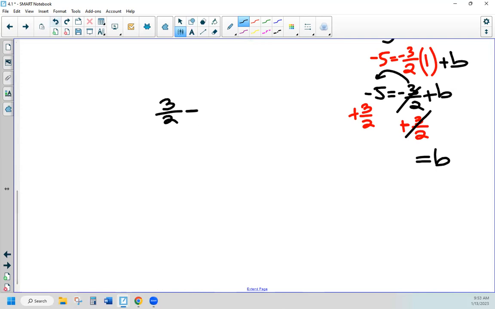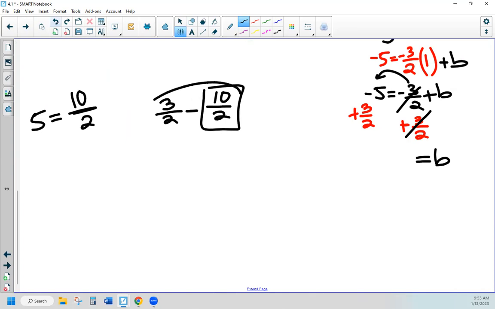Instead of putting 5, I want to make it into a fraction that makes 5 but has a 2 in the denominator. So what divided by 2 will give me 5? That's the number 10. So that is what I want to make 5 into. It'll make this subtraction a lot easier.